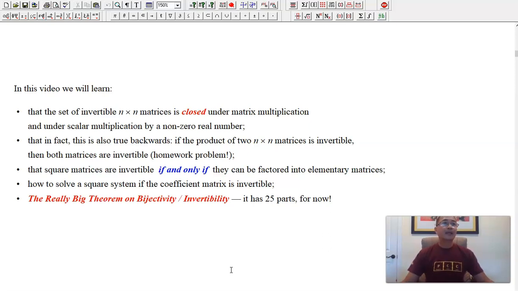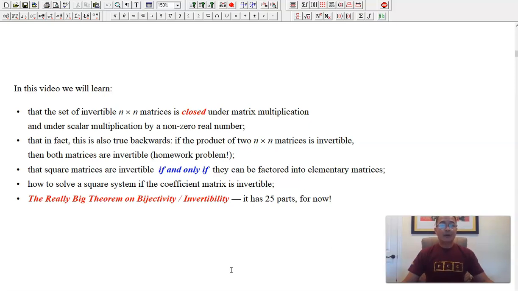Oh, we just did. We will also learn that square matrices are invertible if and only if they can be factored into elementary matrices. We saw these matrices last time when we learned the algorithm to invert a matrix. We will show how to solve a system of linear equations, which is square, if the coefficient matrix happens to be invertible.